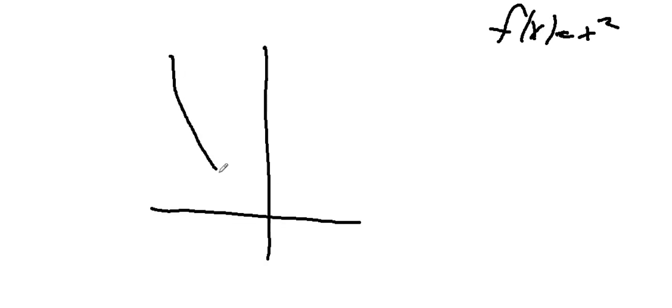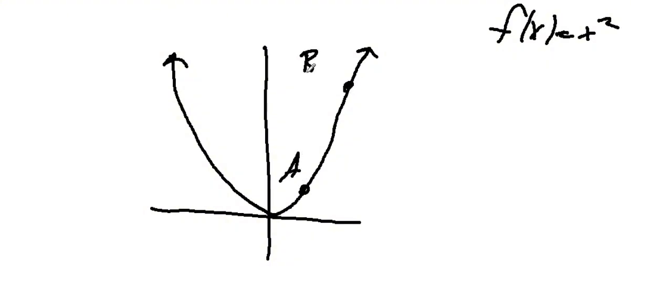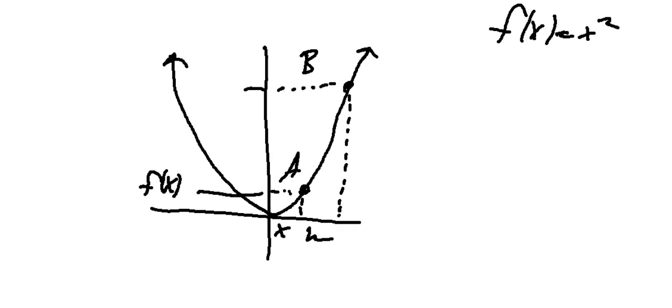So we have 2 points, A and B. Okay, let's call this horizontal distance just x. And let's call this distance h. Okay, which means this y value is f of x. This y value is f of x plus h.